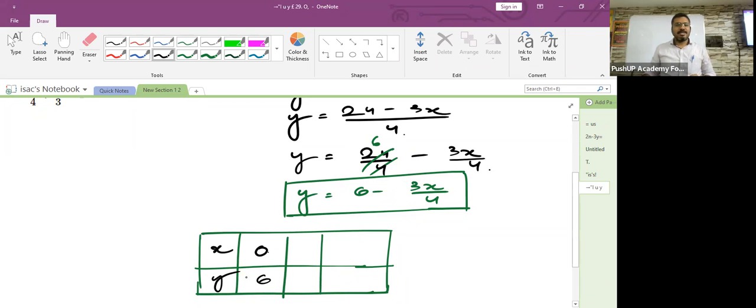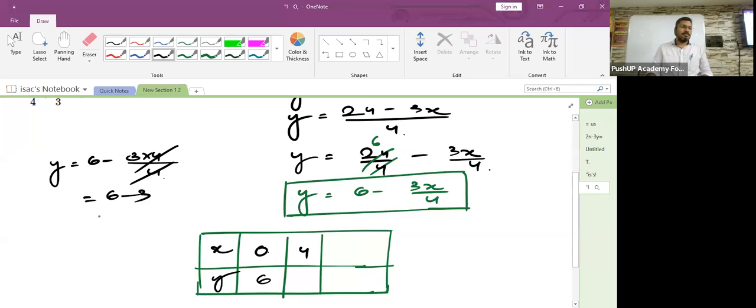Now let's take the value of x as 4. So how much will be y? 6 minus 3 into 4 divided by 4. So 4 and 4 will get cancelled. What is remaining? 6 minus 3, which is 3.